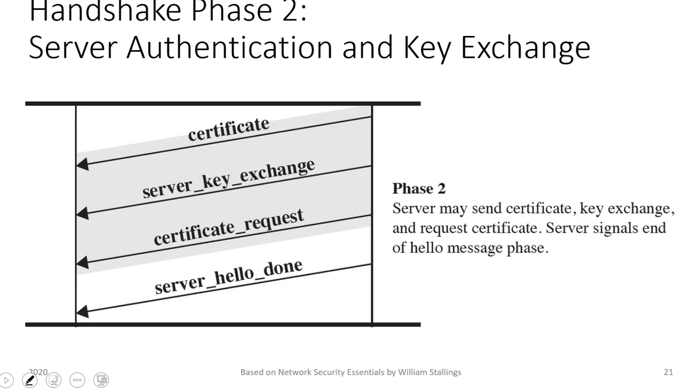The server would send the certificate and a key exchange, and it may also request a certificate from the client, and it will complete that phase by saying server hello done.